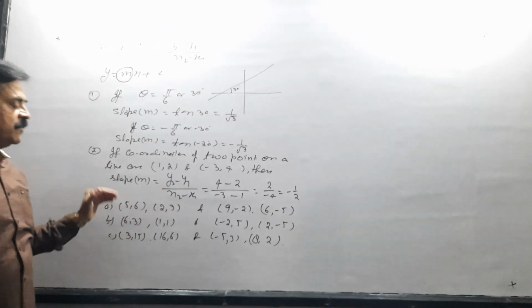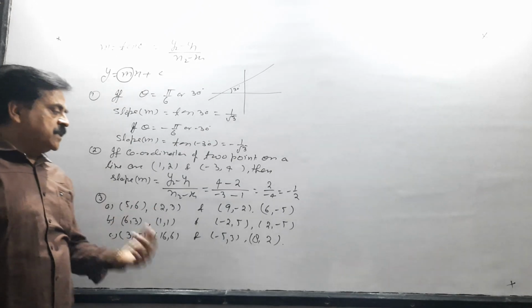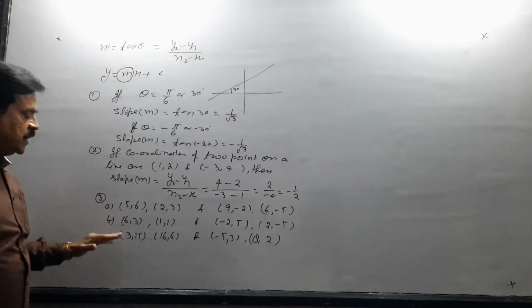These are coordinates of some pairs of points. One pair of points is this, other pair is this, and these are three questions.